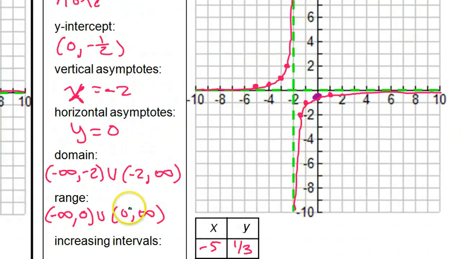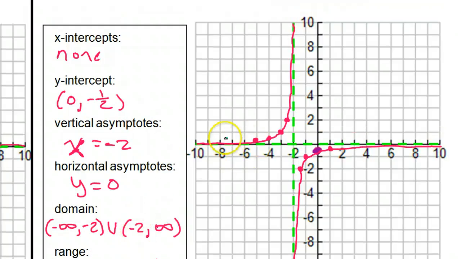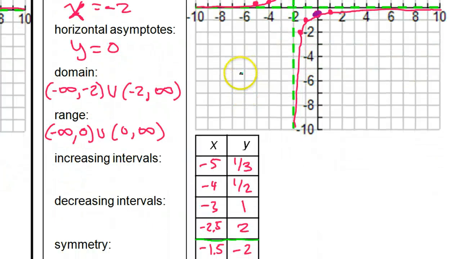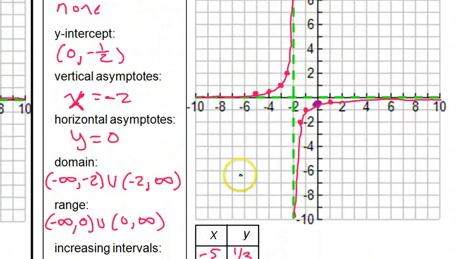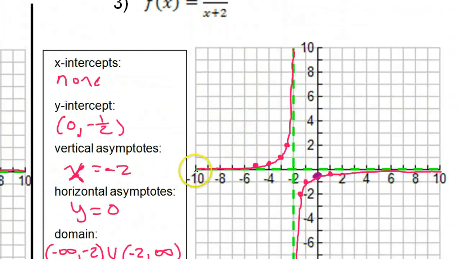Now, increasing and decreasing intervals. Let's start from left to right. As I go from left to right and I trace the graph, it goes like this. See what happened? It went up. So, that's an increasing interval from negative infinity to negative 2. Now, you might have been thinking negative infinity to positive infinity because it goes up forever.